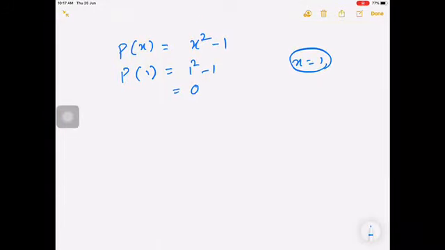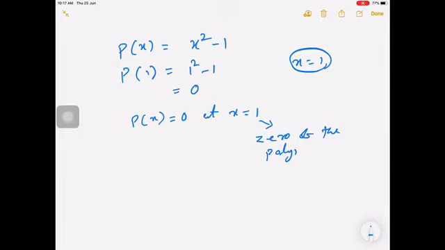We can say that the value of p(x) is 0 at x equal to 1. So in such cases, this value of x is called the zero of the polynomial. So here x equal to 1, that means 1 is the zero of the polynomial x square minus 1.